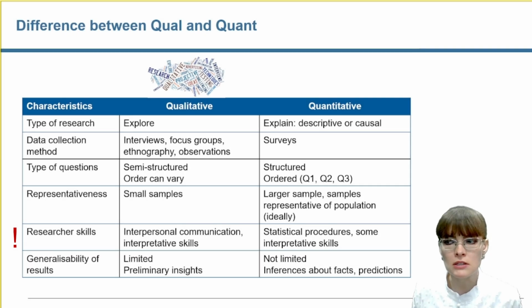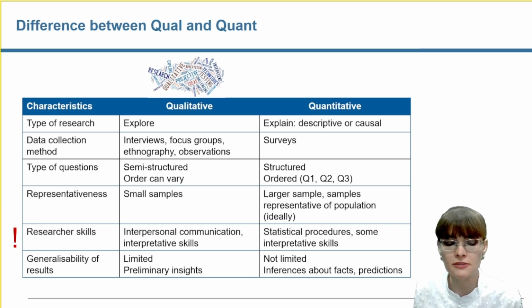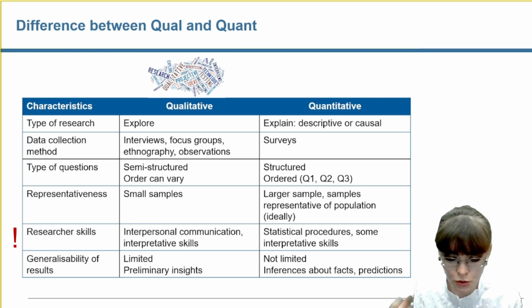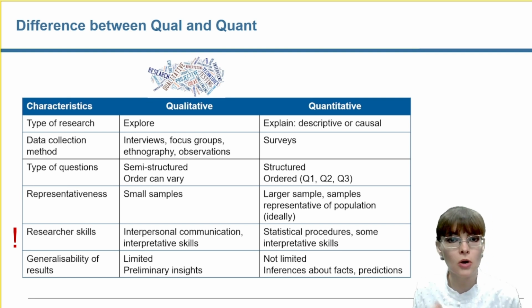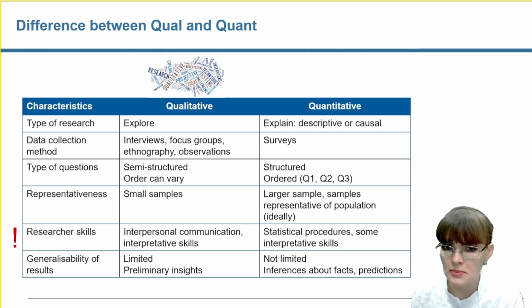Another difference is in what's required from us as researchers. Usually with qualitative, you need to be able to ask questions. So the art of asking questions is crucial. An ability to react on the spot and understand where you need to probe more depth and ask probing or clarification questions is super important here.